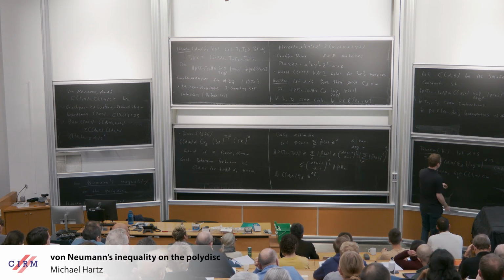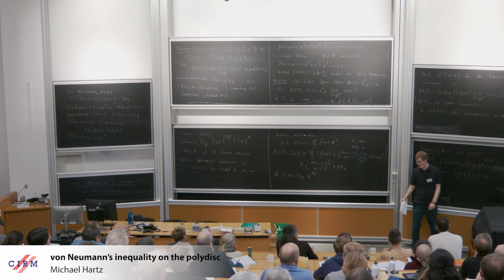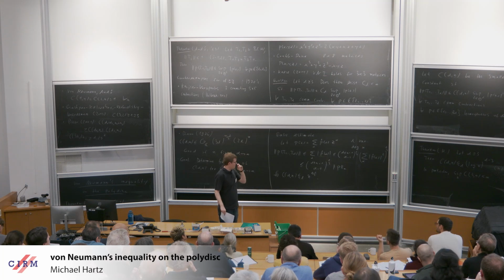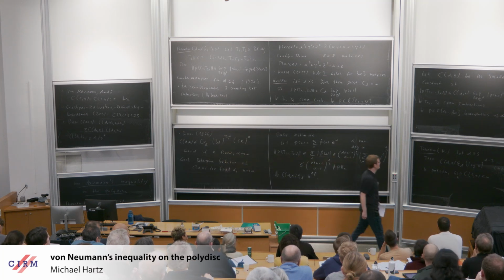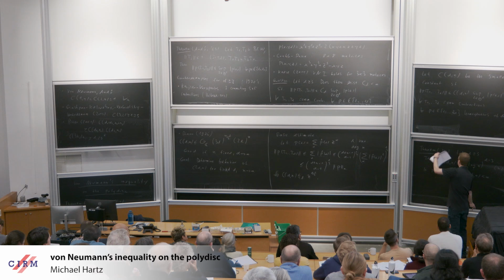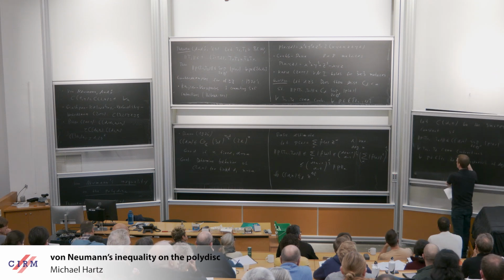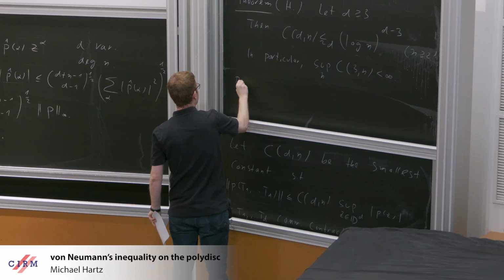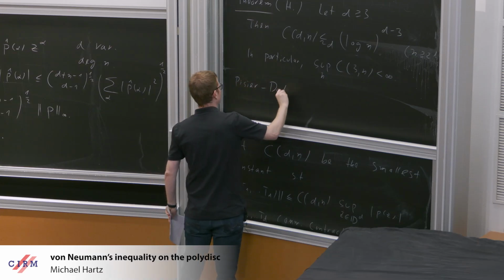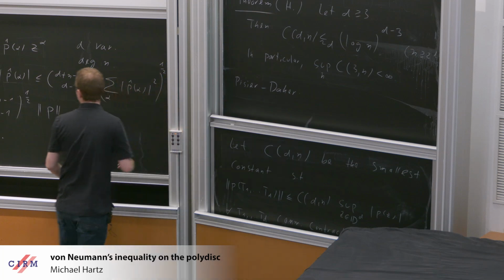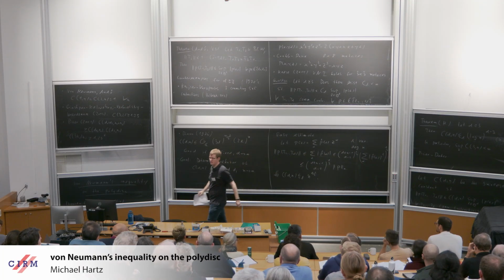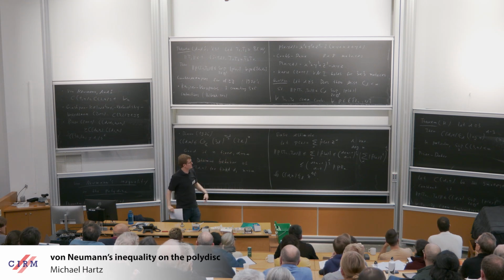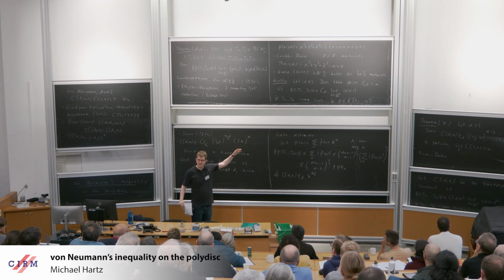Let me also point out that the fact that you get some power of a log here is maybe not too unexpected to some people. There is work of Pisier, and some of it is attributed to his PhD student, Dyer. Pisier explains this in his book. They do a different quantitative version of this question. They look at n by n matrices, and get some growth that is at most some power of a log in the size of the matrix.